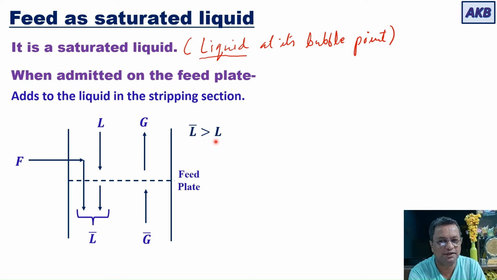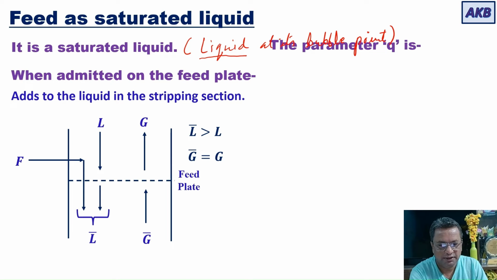L bar is greater than L. Why? Because the liquid is getting added in the stripping section. Whereas no change is happening with the vapor phase. That's why molar flow rate of the vapor in the stripping section is equal to molar flow rate of the vapor in the rectifying section, or G bar is equal to G.